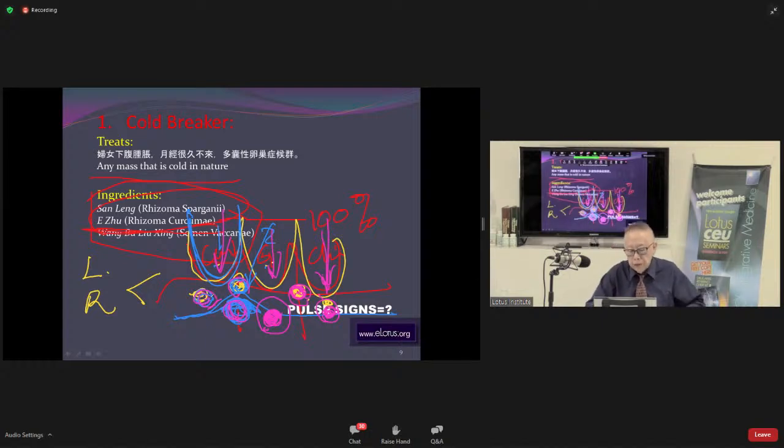Otherwise, you can never find it. As for the force of the pulse, if it jumps very strong against your fingertips, then it must be fire. If the amplitude up and down is very limited, it doesn't jump much, then it's stagnation. Then use my different lump breaker, or cold breaker, hot breaker to deal with it.